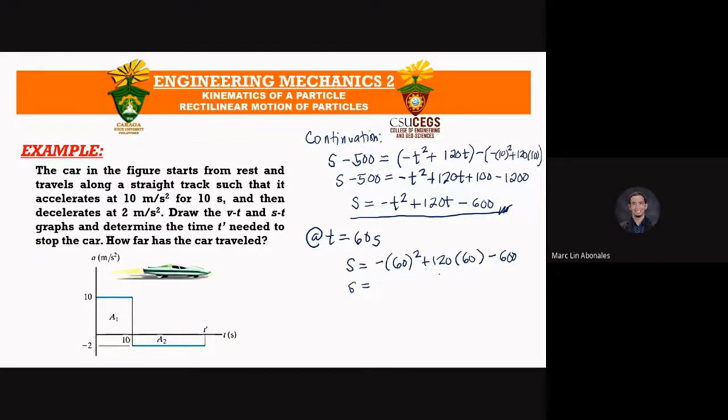So that would be 3,000 meters. So the distance traveled by the car, when the car stopped, is 3,000 meters. Okay, so we have the answer to how far has the car traveled.